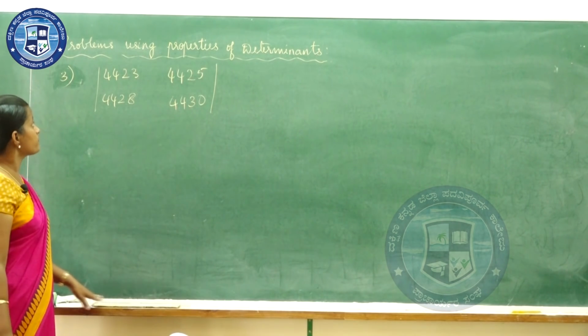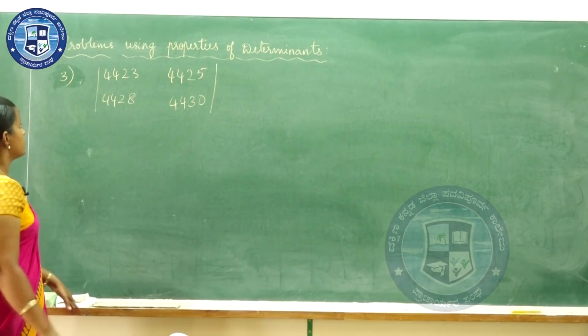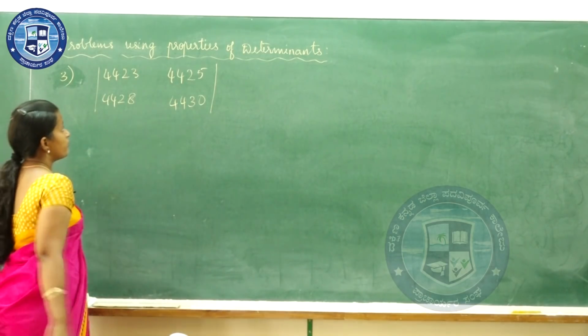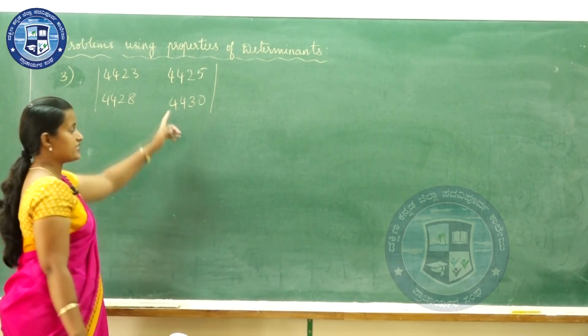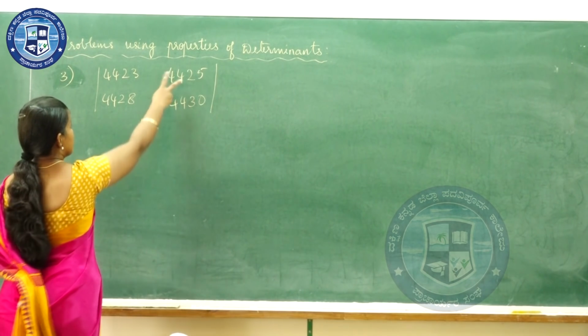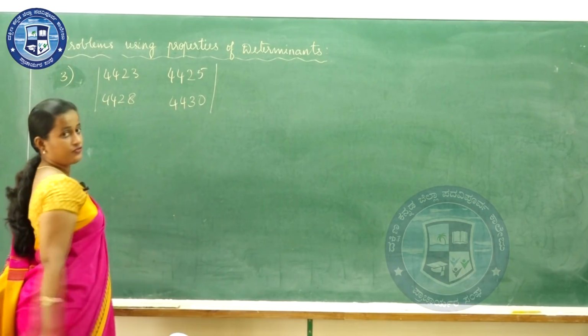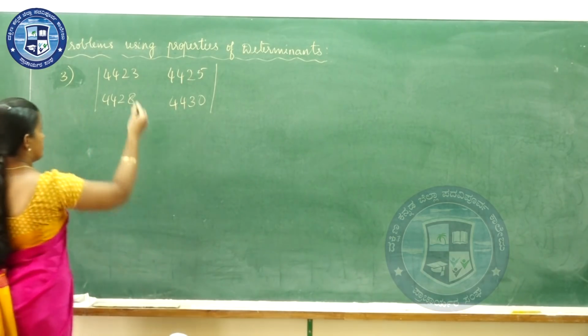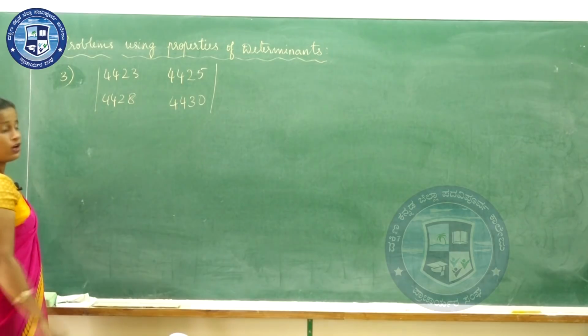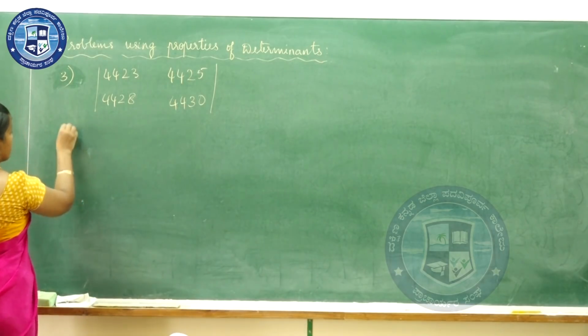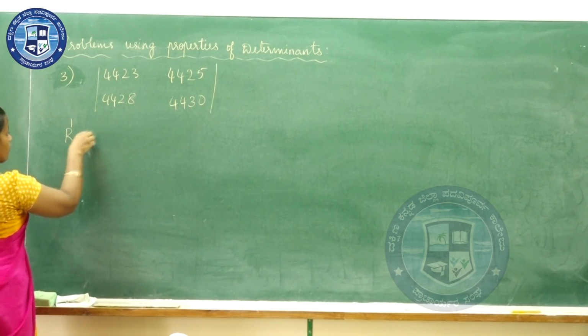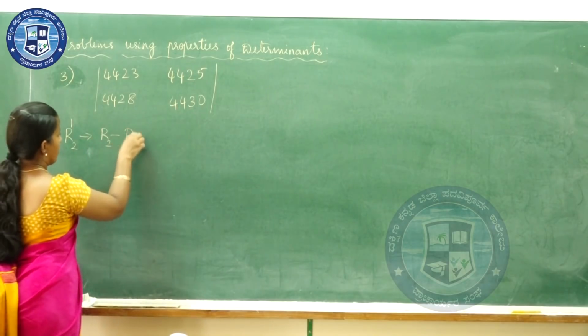Third problem, evaluate the determinant 4423, 4425, 4428 and 4430. If you see, the difference is 2 between the columns and between the rows it is 5. So it's left to you, you can do any operations. Now I will use the row operation. I will replace the second row with R2 minus R1.